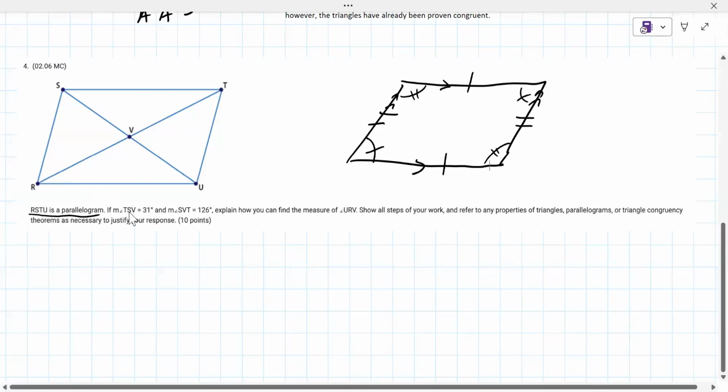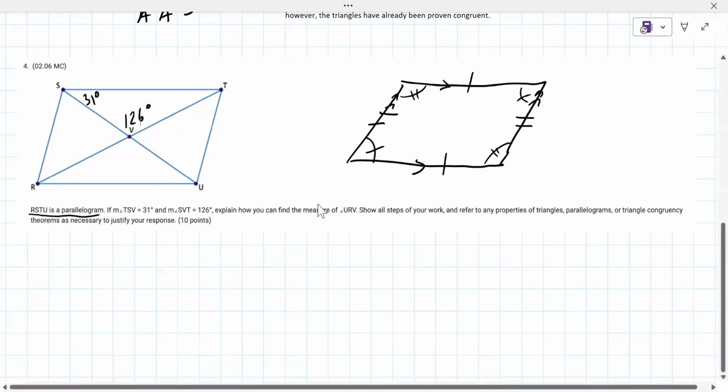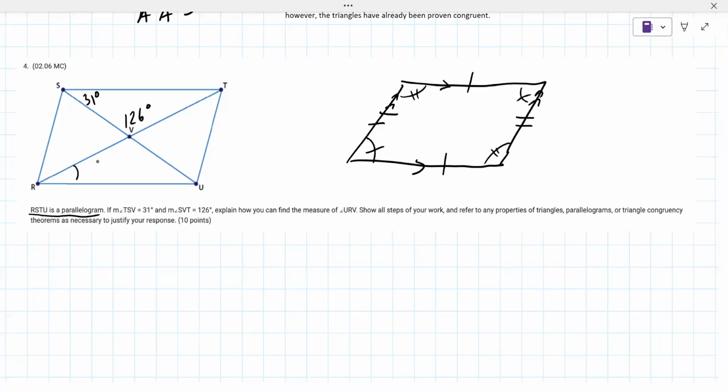Now, let's see what they're giving us next. The measure of angle TSV, T to S to V, is 31 degrees, and the measure of SVT is 126 degrees. Explain how you can find the measure of URV. So we're interested in finding this angle down here.